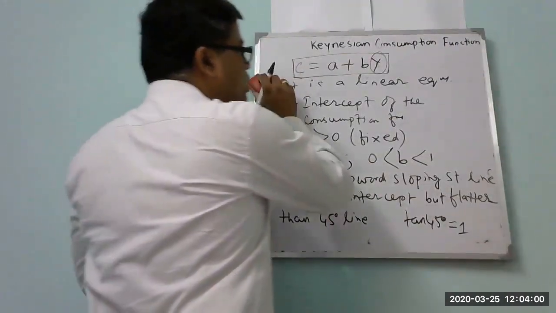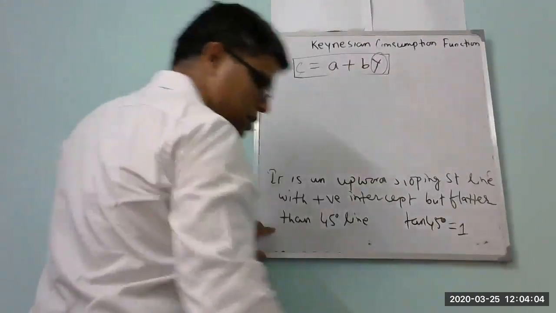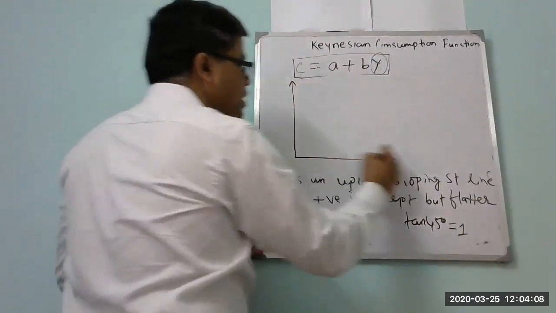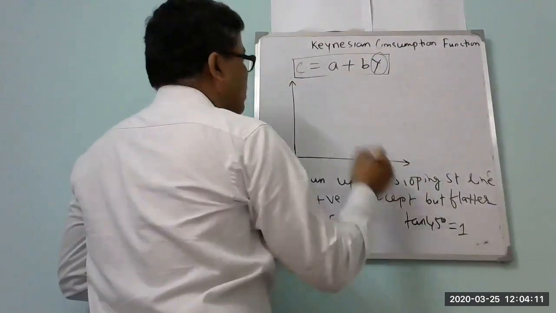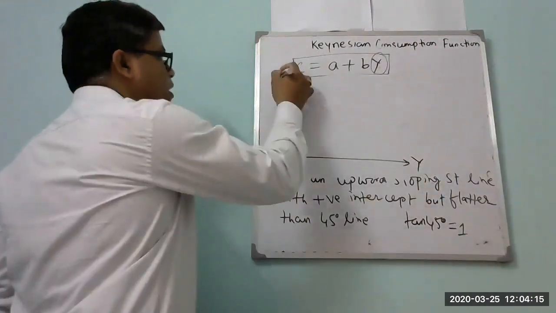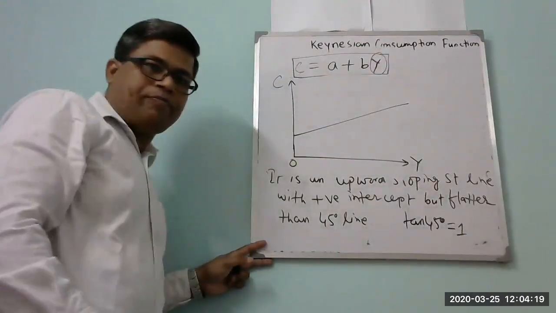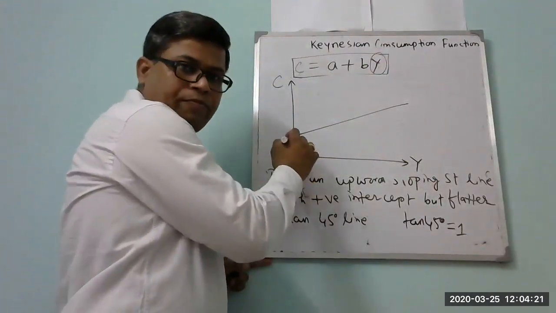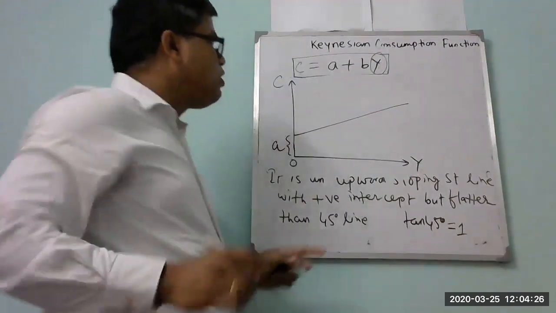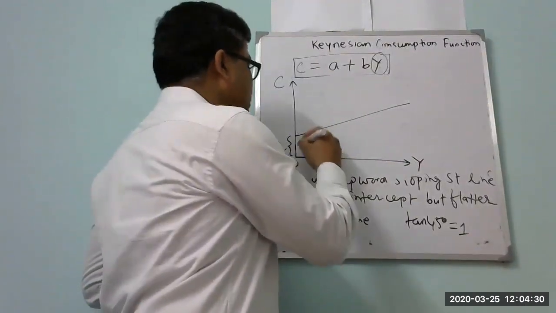So if I draw the consumption line, it will be like this. Say here we consider the national income Y, here the C. It will be like this. Here this one is indicating the intercept of the Keynesian consumption line, and it is flatter than 45.